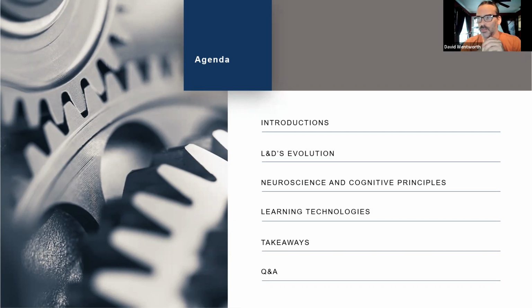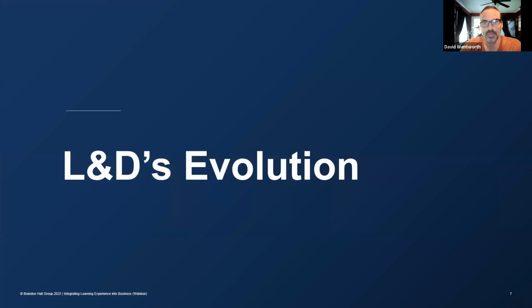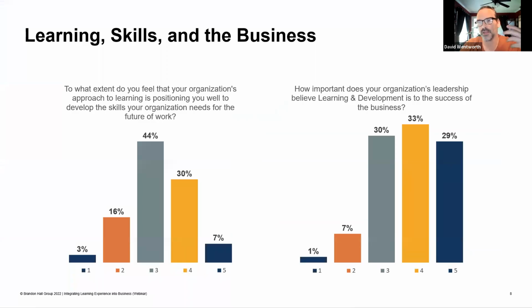And then we'll also look at some of the learning technologies that are in play, some of the things to think about from a tool perspective that can help make all of this happen. And then we'll wrap it up, and as for Q&A at the end, of course, we'll save a little bit of time for that. But please ask questions throughout. We're going to keep an eye on those, and we'd love to have that dialogue with you as we go. So without much more, Alan, I'm going to jump right in and talk a little bit about the evolution of L&D.